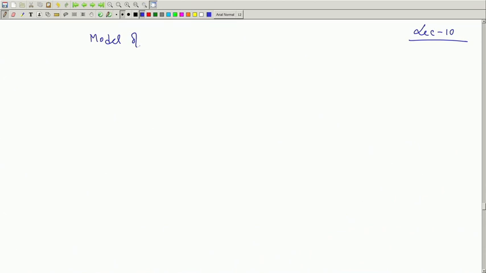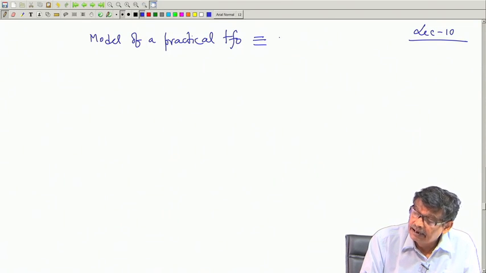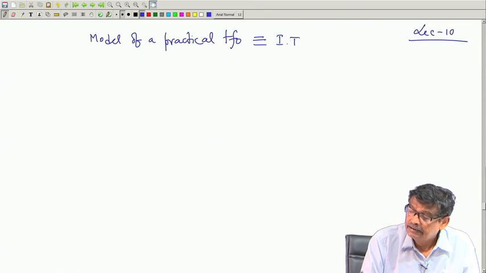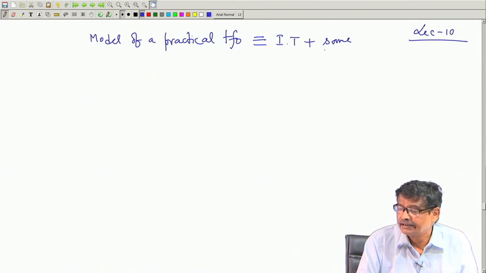We are trying to model a practical transformer as an ideal transformer plus some circuit elements.